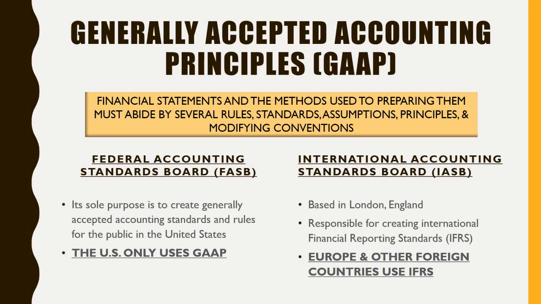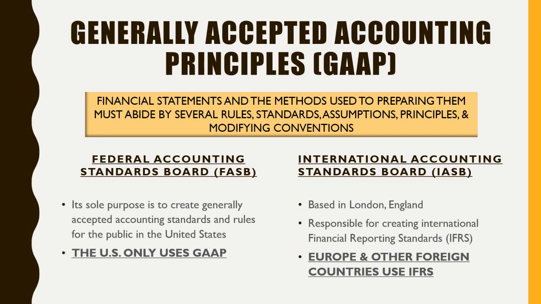So now we're going to talk about the generally accepted accounting principles. These are going to be the rules and guidelines that you must follow in order to complete accounting. Now let's talk about what these are.